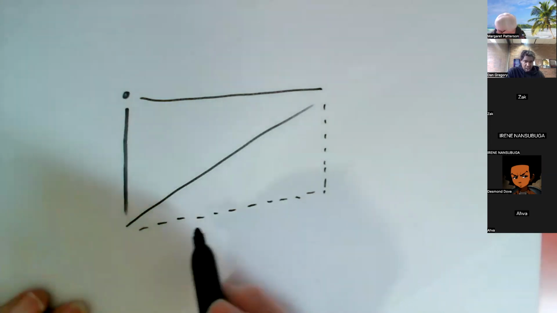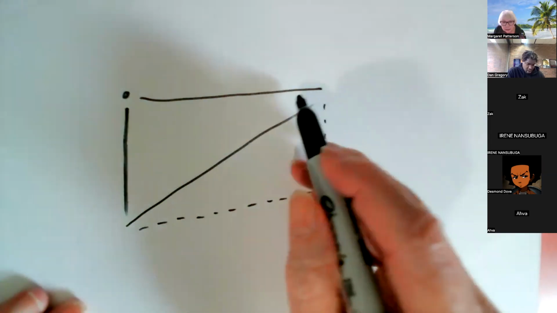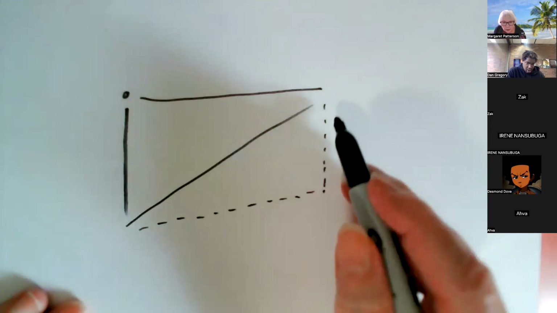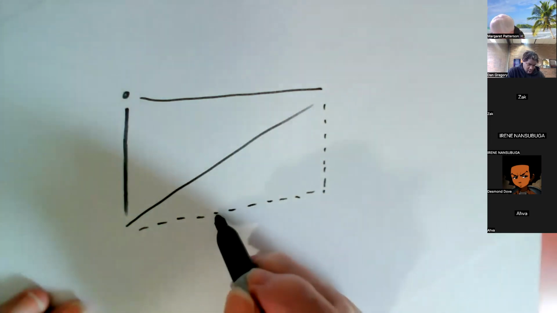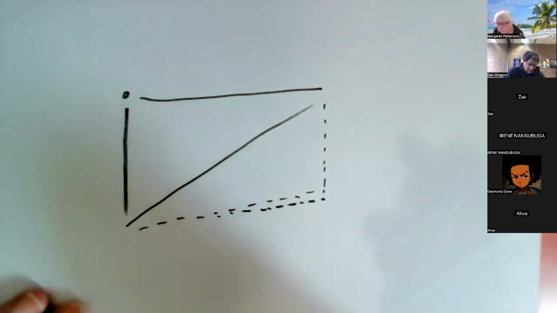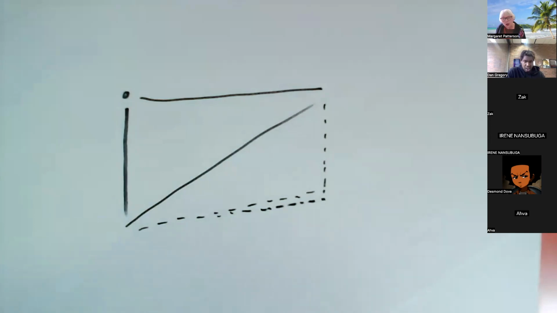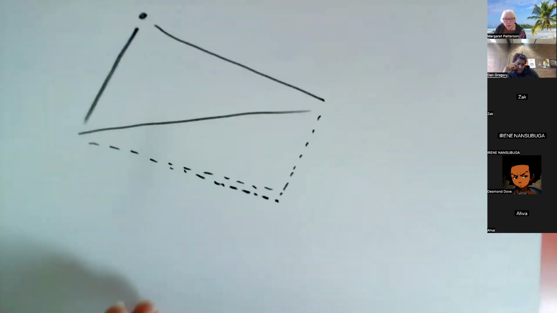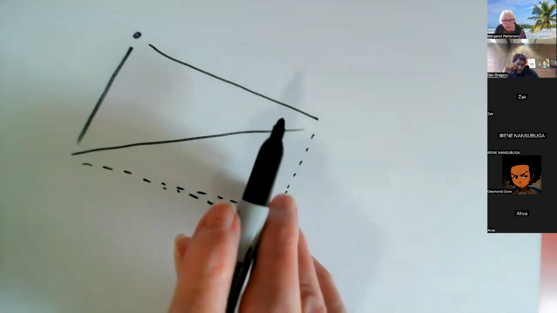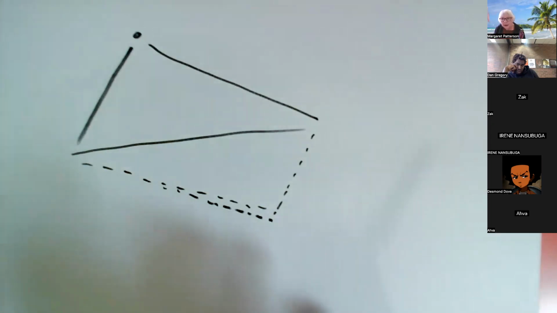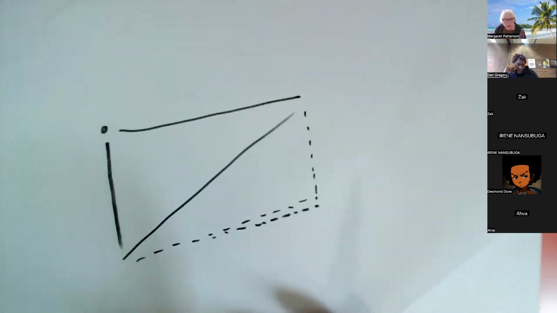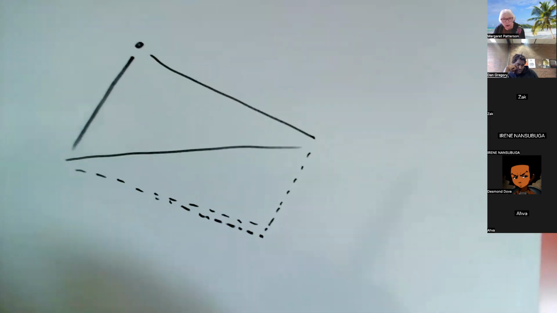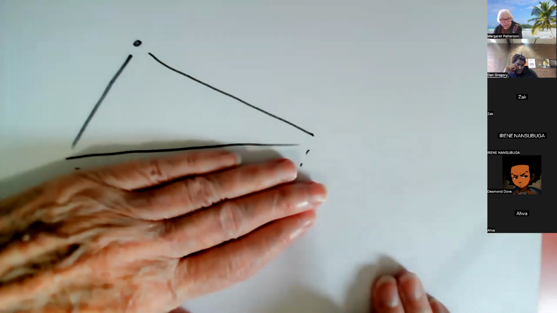If you include everything inside, not only the original triangle, but the part that I dotted, what is the shape we're seeing? A rectangle. So my point here is a triangle is going to be half a rectangle. If you can see it visually, you can remember it. Triangles are half as far as area.